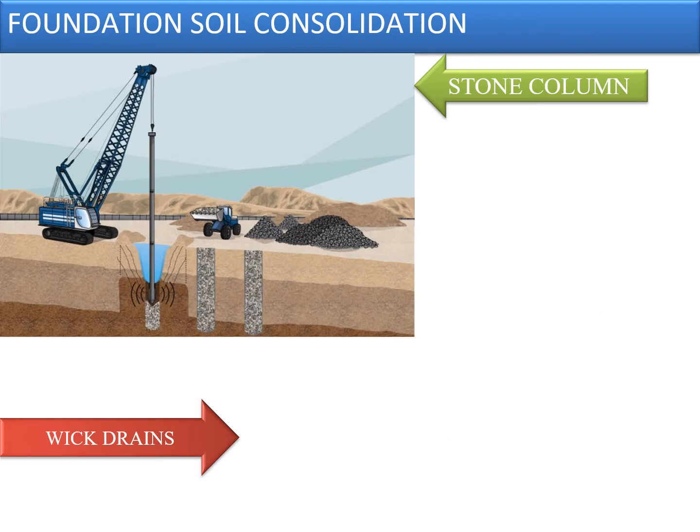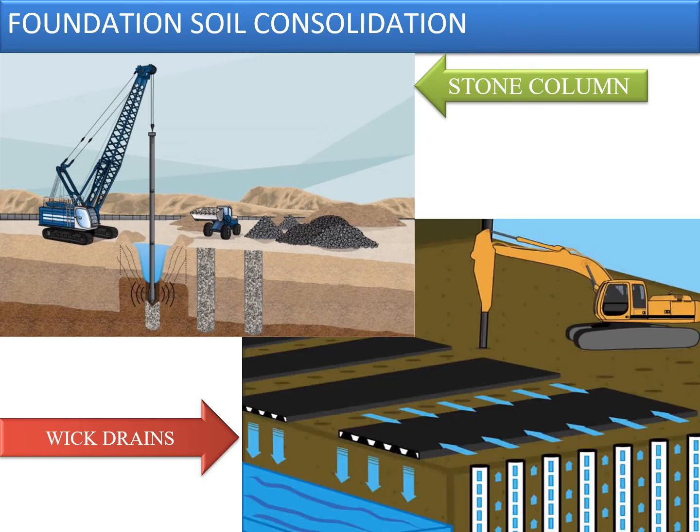If you see the photographs on the left hand side, you can understand that the stone columns or the rammed aggregates are being used in order to consolidate the embankment soil beneath. On the right hand side photograph, you can see that the wick drains are provided. The wick drains are basically provided to remove the excess water from the soil and then consolidate it by minimizing the voids.